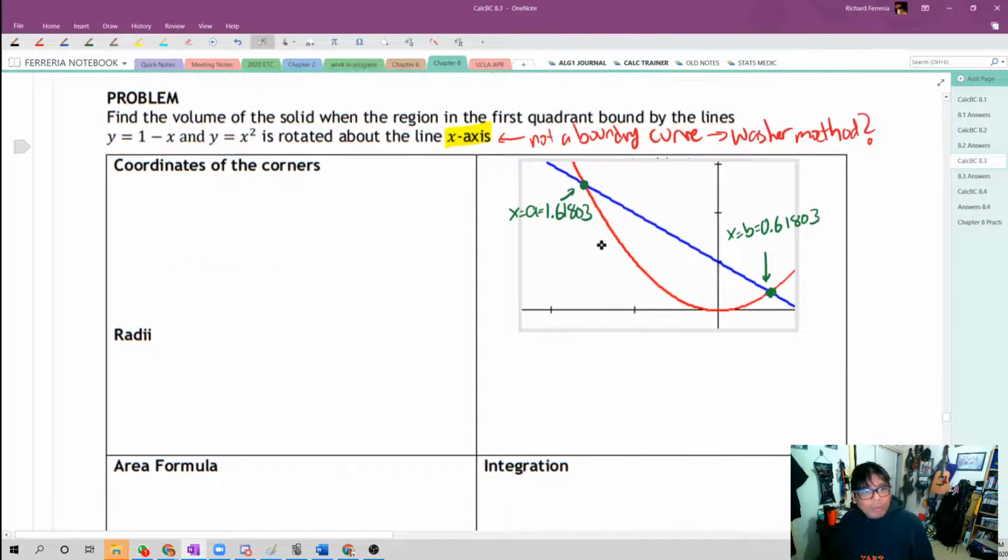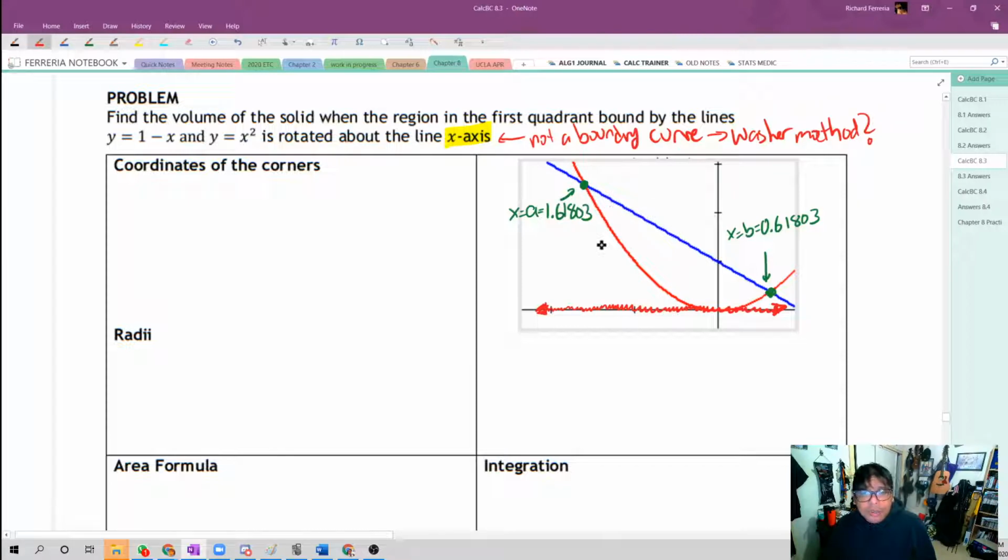Now, radii. Let's identify our axis of rotation, and let's do that with the squiggly red line over here. Here's our axis of rotation. We've got to figure out our two radii.